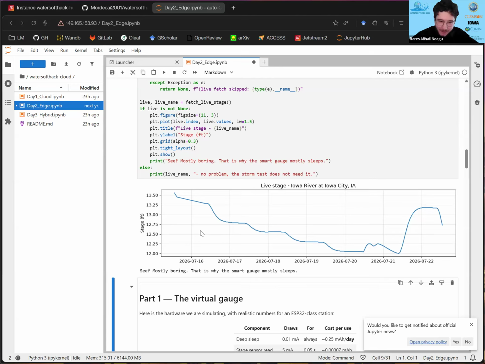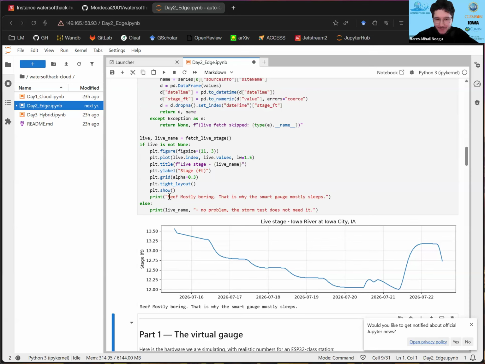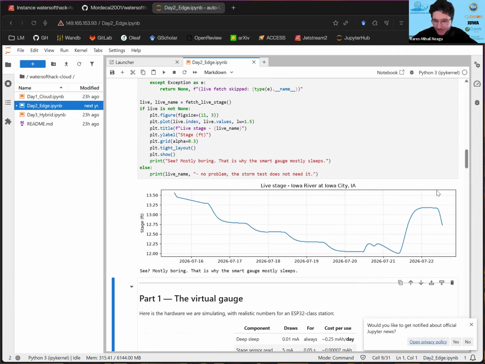That's interesting, but again, it's not past the flood threshold because it's not the rainy season here right now. When I wrote this code, it was basically saying 'mostly boring.' That's why it usually sleeps, but it seems the actual example is not that boring, actually.